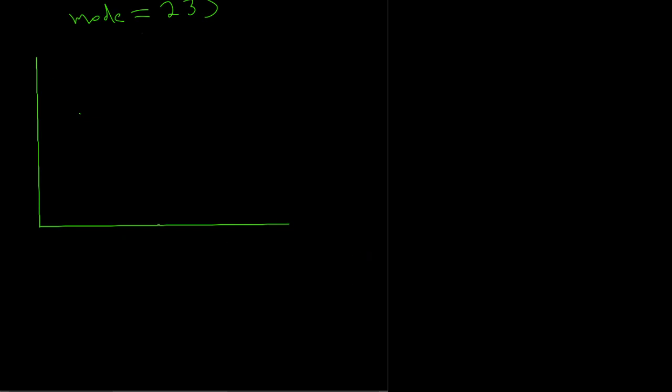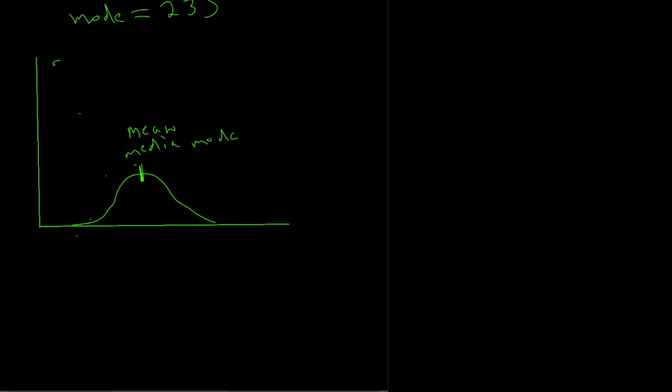So if I have some distribution, and for right now I'm going to use a curve. All right, this is like a histogram. There's lots of things in it. And if our curve is fairly symmetrical, then the mean, the median, and the mode are all in the same place.